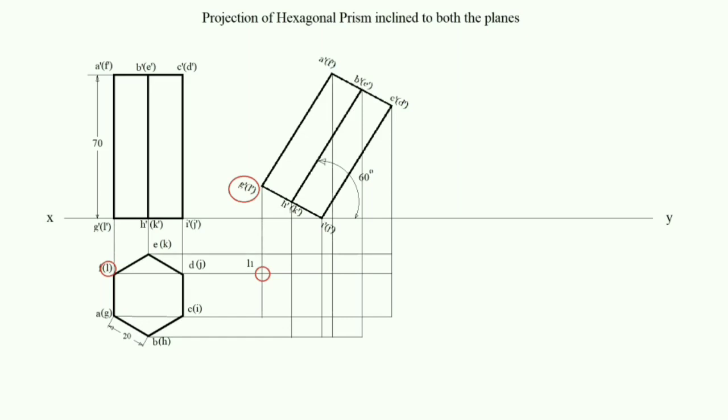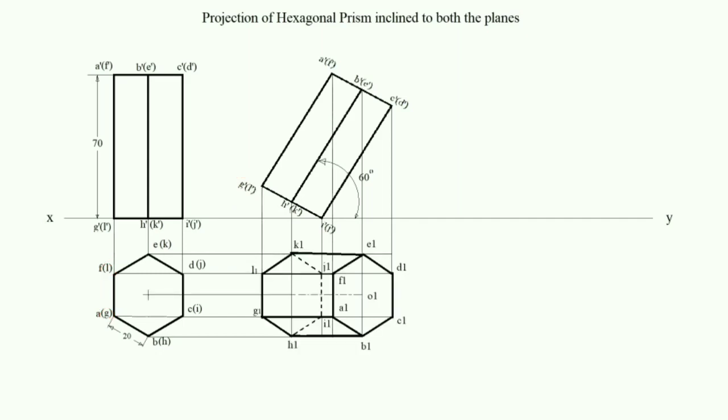And from the other top view you can see G is here, so this will be the position of G1. Similarly, you can name all the other points and join them to get the second top view.